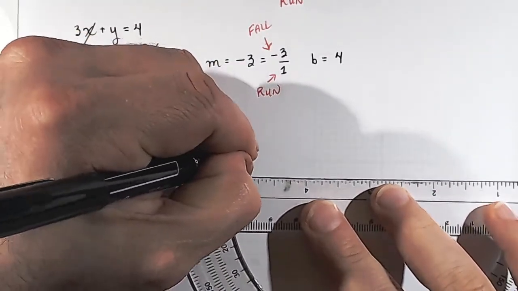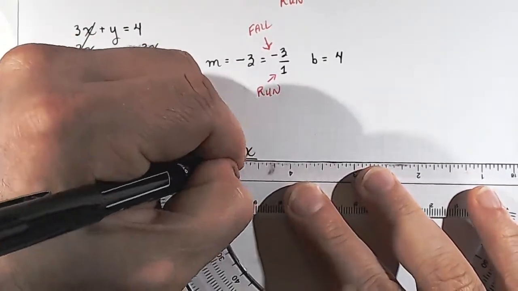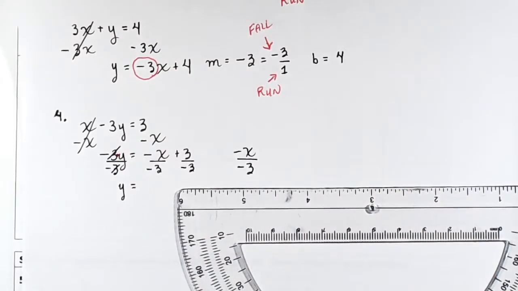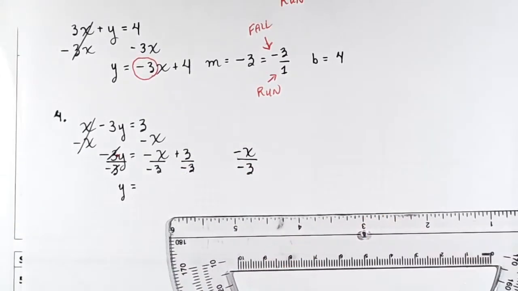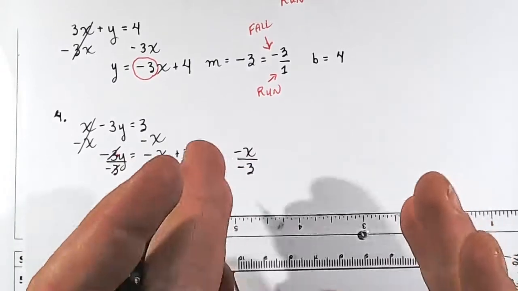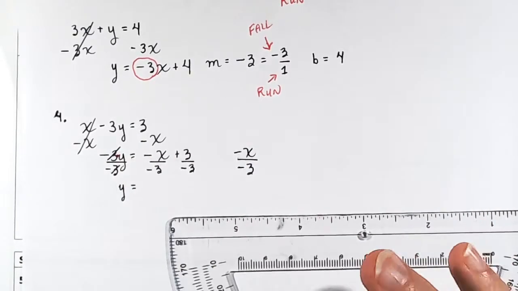Negative x over negative 3. This is something we have to become good at. We've got to become good at extracting a fraction out of this and putting the x all by itself, because you know and I know that this doesn't look right. This doesn't look like anything that we can use when we graph.